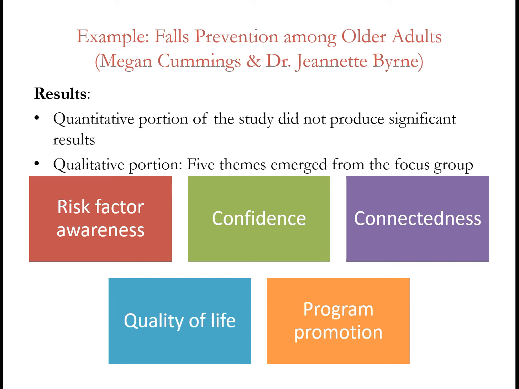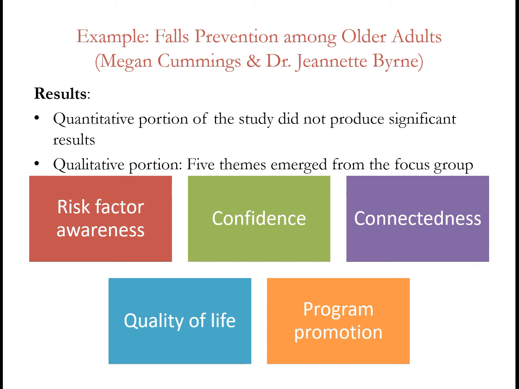But the qualitative portion, the focus groups, were very informative. Five themes emerged from the focus groups. The falls prevention program increased people's risk factor awareness. They felt more confidence. It also provided connectedness, like a support group in a sense, or a social network.